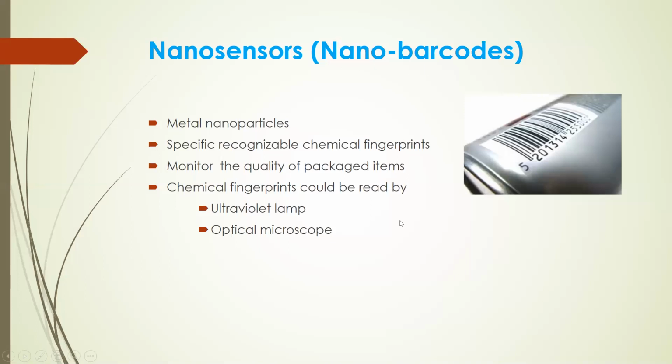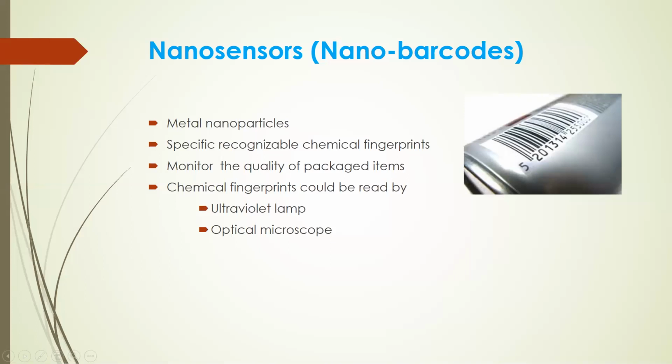You are well aware of barcodes. If you see this picture here, you can see the barcode that is present on the food item, right? The function of this traditional barcode is to specifically fingerprint the price of the specific food item.